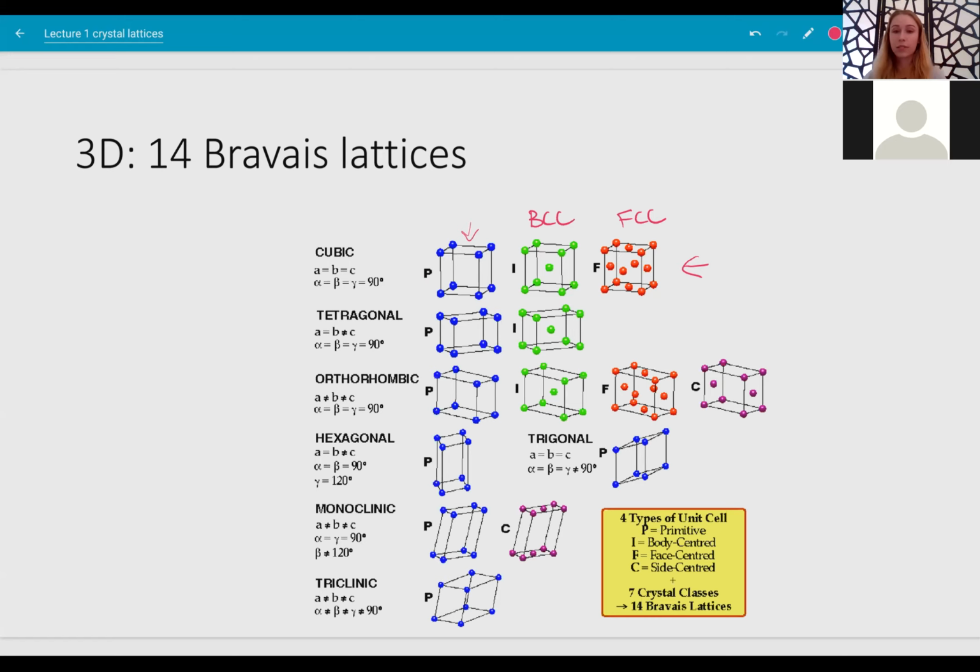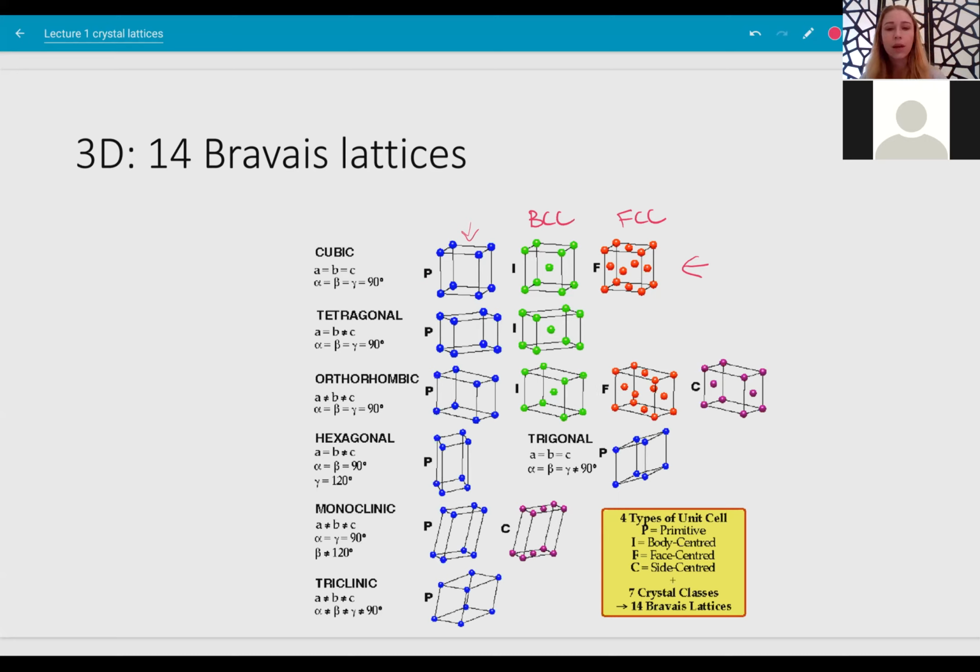Every three-dimensional crystal that exists can be constructed from these 14 Bravais lattices by putting regular arrangements of atoms onto each of the lattice points that are indicated in this drawing by dots.